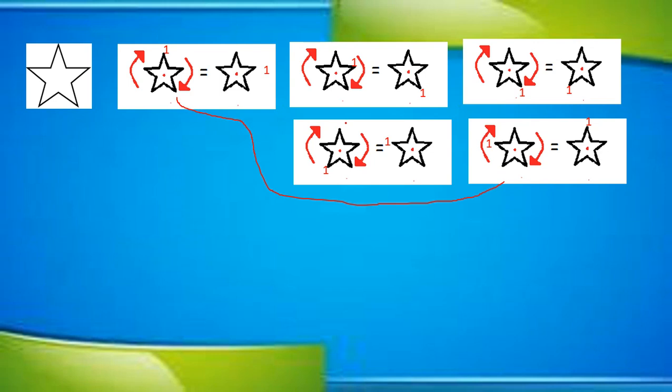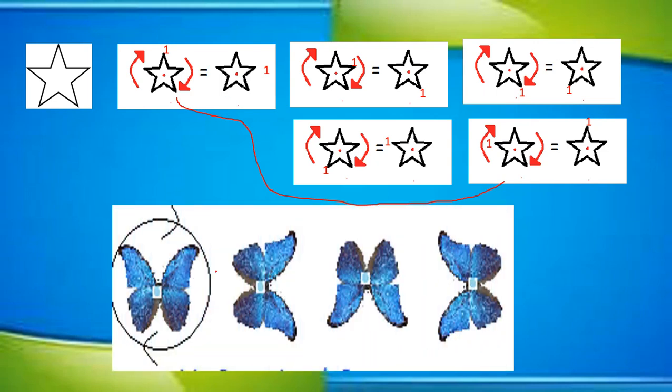Nothing changes in the image of this star. So this is the concept of rotational symmetry. When any object rotates in any direction, clockwise or anti-clockwise, but after rotation it looks exactly the same as before.